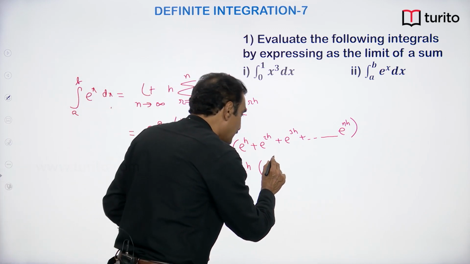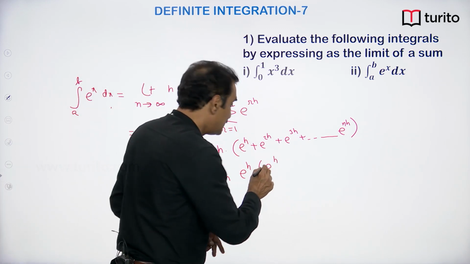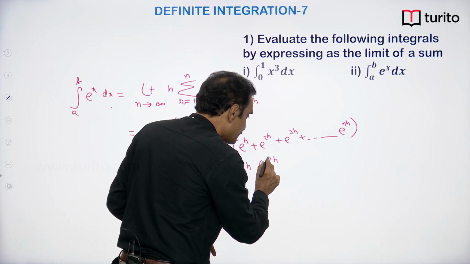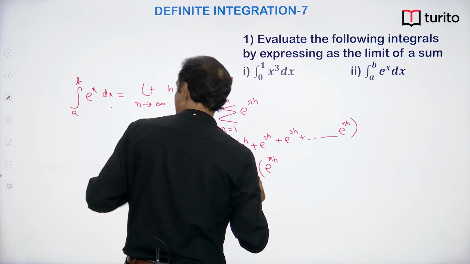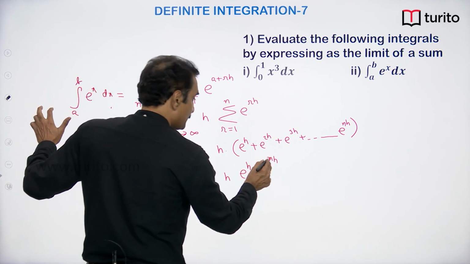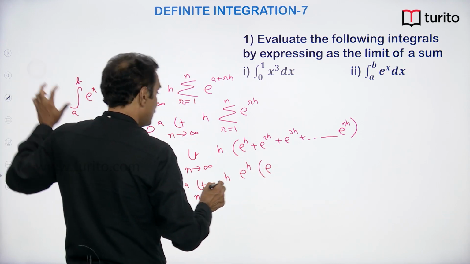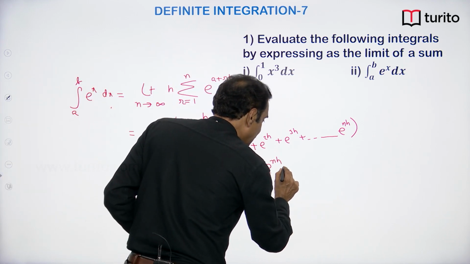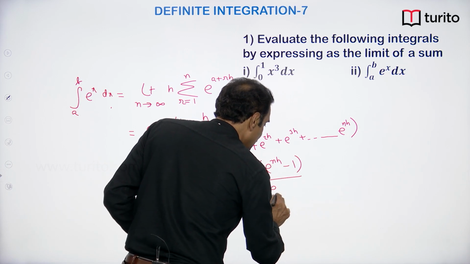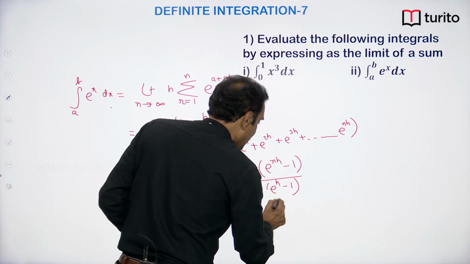Here r is e power h, r power n is e power nh. e power nh minus 1 by e power h minus 1.